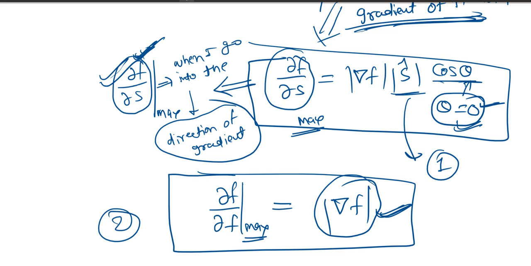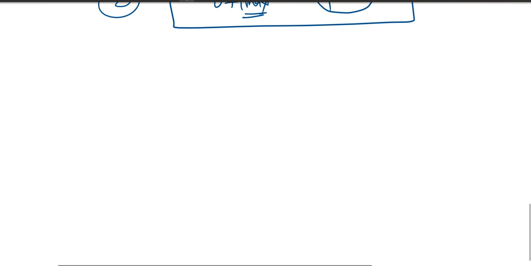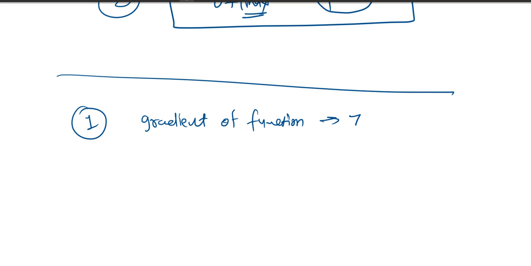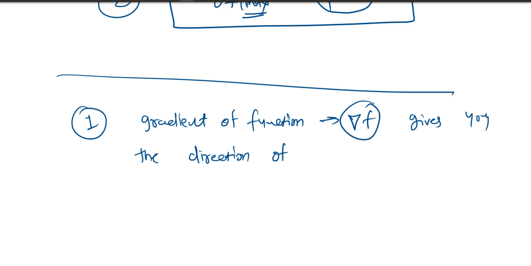So finally, let me write two statements. We will be concluding this lecture by two statements. First, gradient of function, which is represented by delta f, gives you the direction of maximum ascent or maximum steepness or maximum rate of change, whatever you call it.